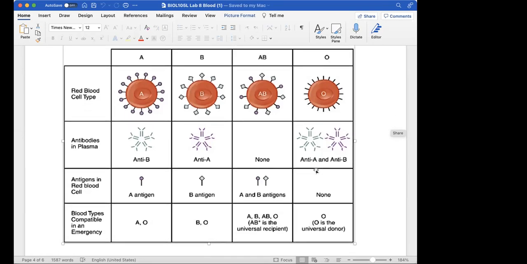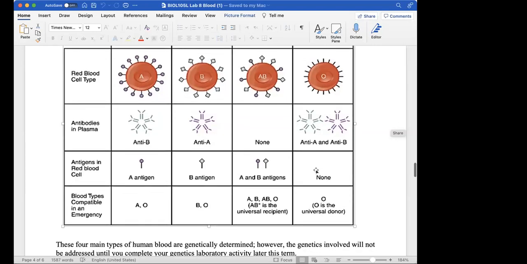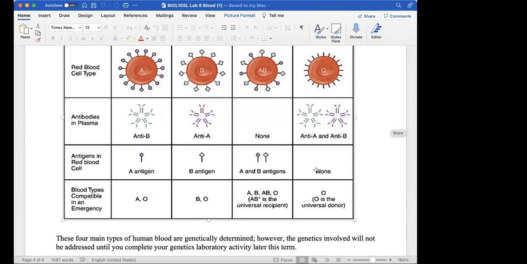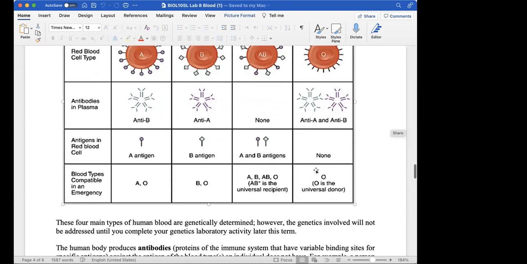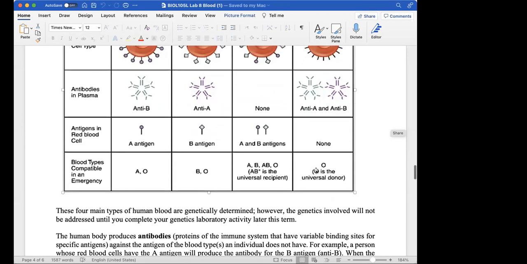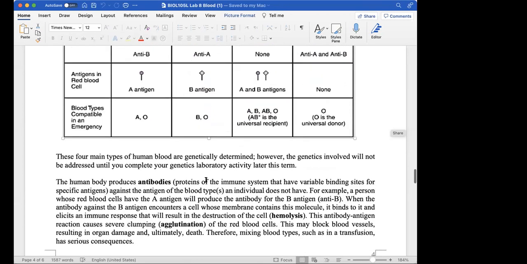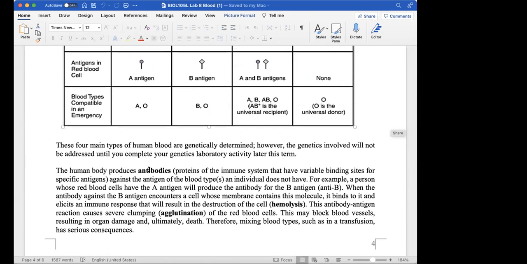So this chart is actually really nice to describe that. These are the four main types of human blood. They're genetically determined. However, the genetics involved will not be addressed until you complete your genetics laboratory activity later, which we're not going to do. And this describes the antibodies and how they grab hold of opposite antigens.